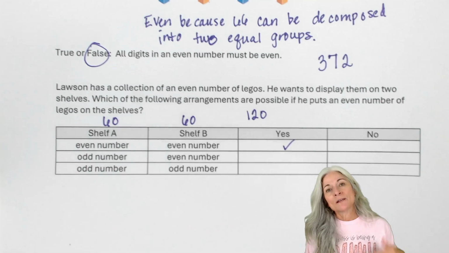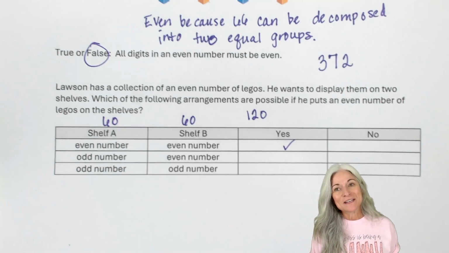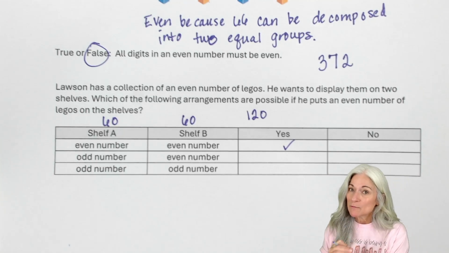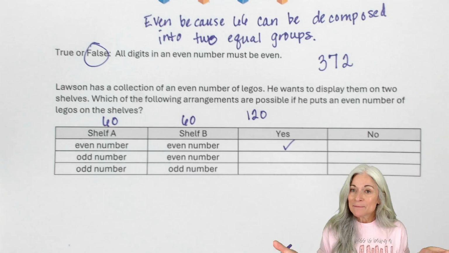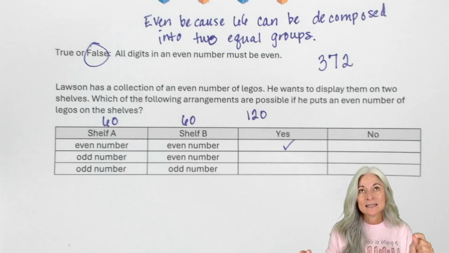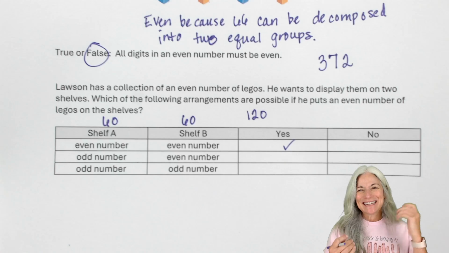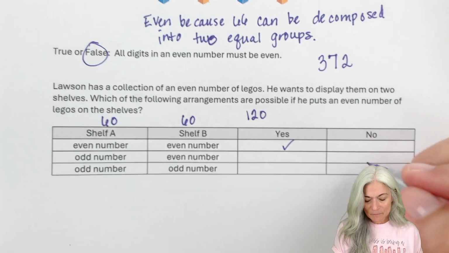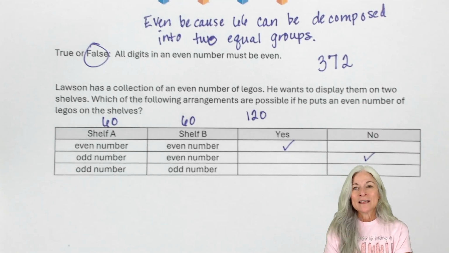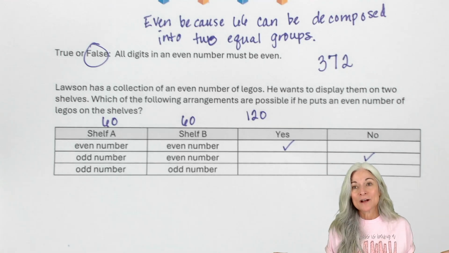Now, could he put an odd number on one shelf and an even number on another one? No, because the definition of an even number is that it can be decomposed into two equal numbers. There's no way we can decompose it into an odd number and an even number. Now this one might be a little bit tricky. If he's got an even number of Legos, could he have an odd number on each shelf?